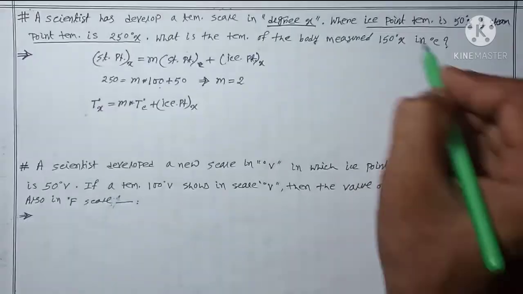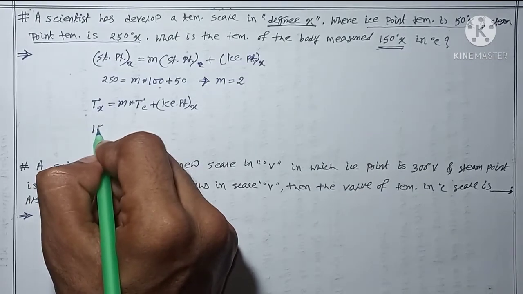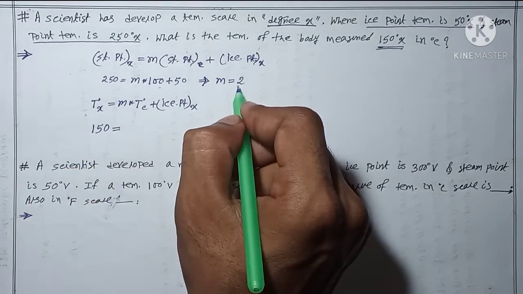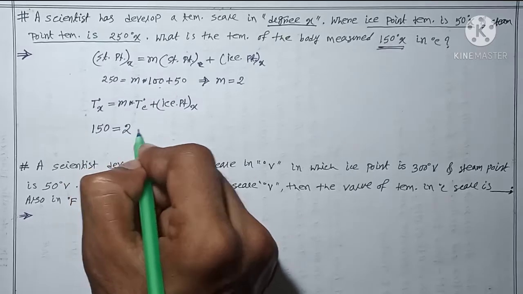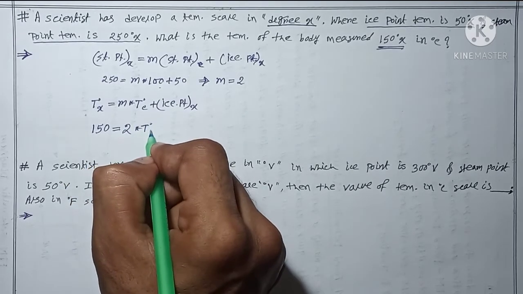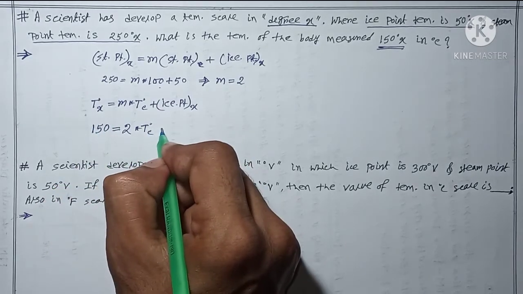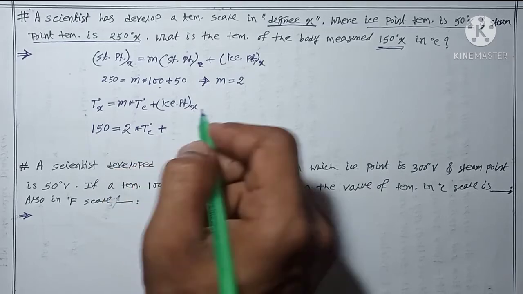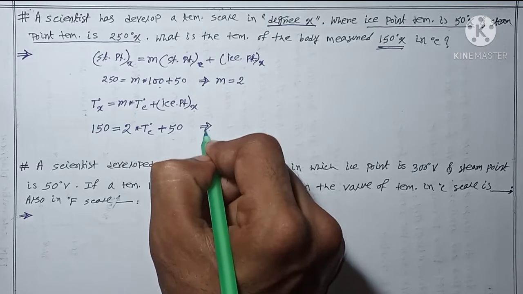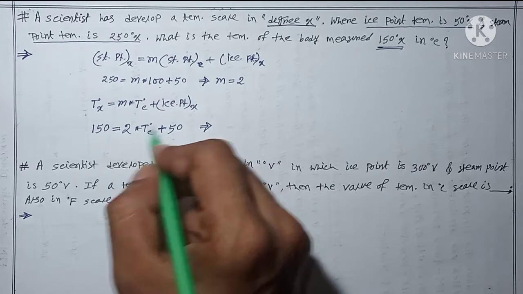T degree X is given as 150 degree X, so 150 is equal to m, which we got as 2, into T degree centigrade, because we have to find the corresponding value in Celsius scale, plus ice point in X scale, 50.